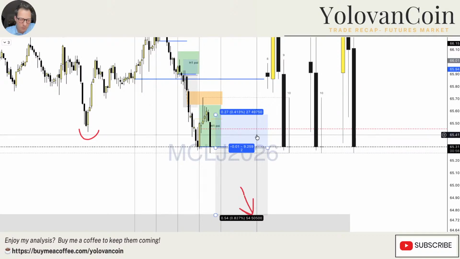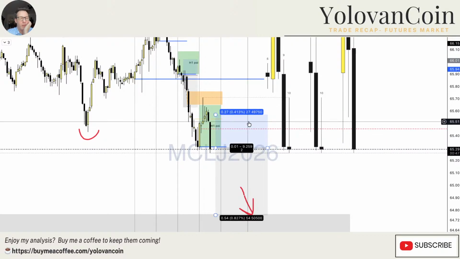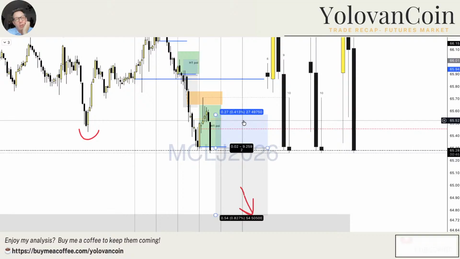How is 10 cents? 0.27 cents-ish is like $270 with 1 mini, right? So $25 with 1 micro.